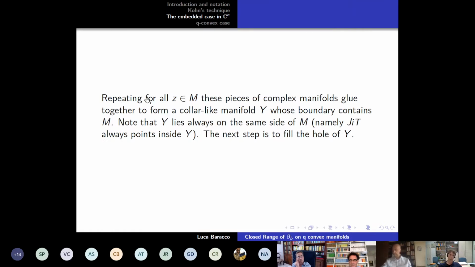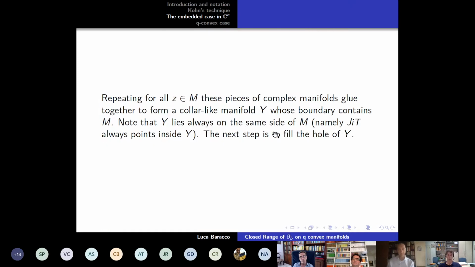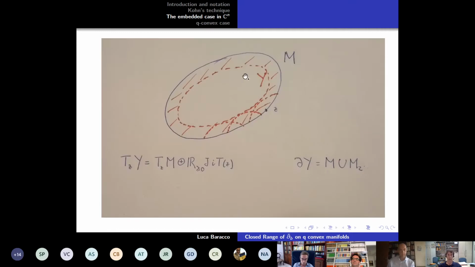So we repeat this construction for all Z in M. So we have many small pieces of complex manifolds attached to M. They all glue together and they form a collar-like manifold Y, whose boundary contains M. Well, note also that the side of extension is always the same, always the pseudo-convex side of M. So when we put all these pieces together, we have something like this.